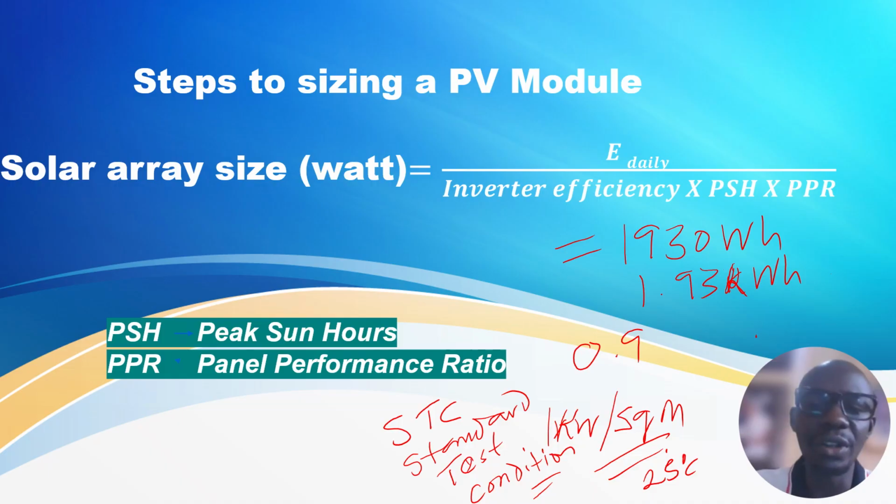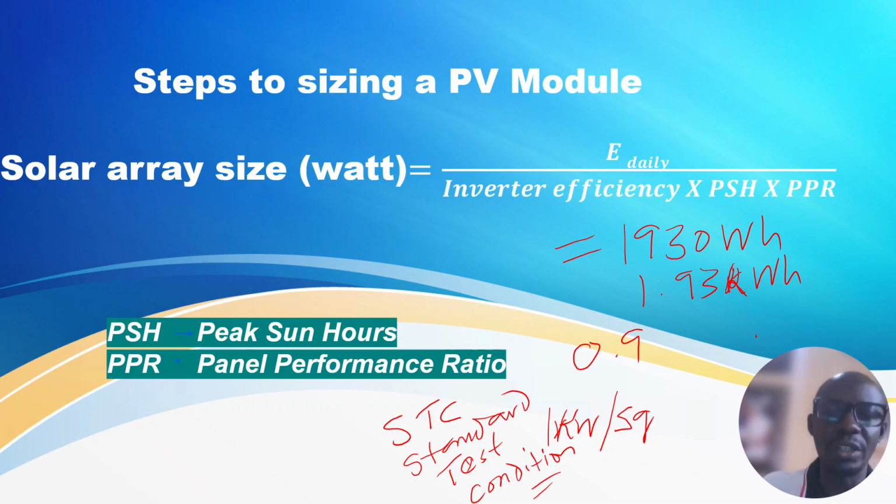If the temperature reaches maybe 30 or 36 degrees Celsius, and in some areas as high as 40 degrees Celsius, it affects the efficiency of your system. The higher the temperature, the lower the voltage that is supplied. So sometimes you don't need too much temperature for your system to perform optimally.